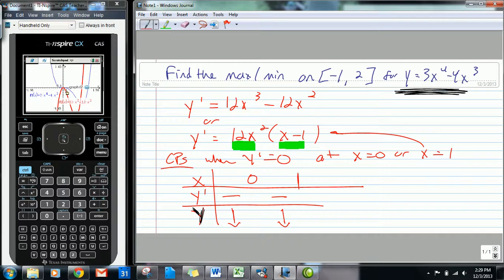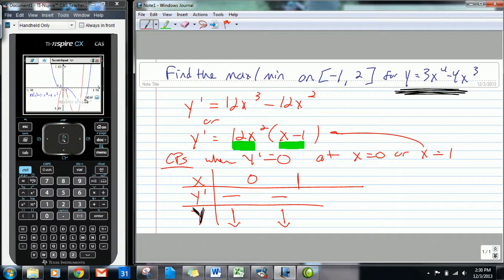So right now, I know something that looks pretty obvious from the function. The function up until 0 decreases, stops, horizontal tangent, and then decreases some more. In fact, it's going to decrease all the way up until 1, right? Which up here is a 0 of the first derivative. This is the value of 1. That 0 corresponds to that particular valley, that minimum that we're looking for.